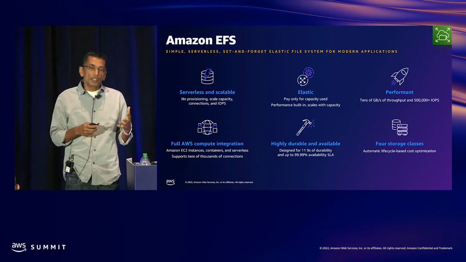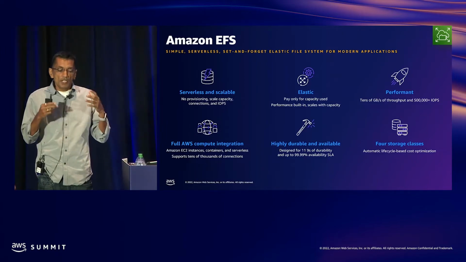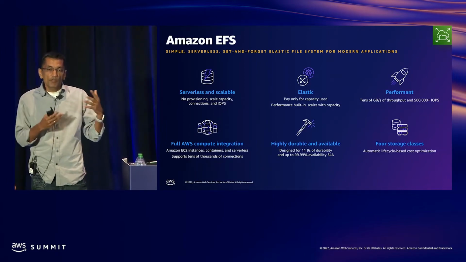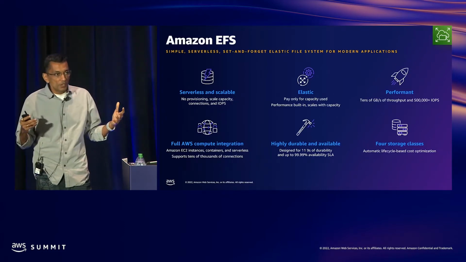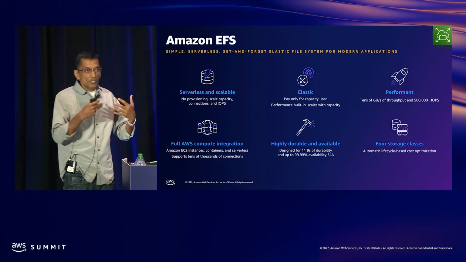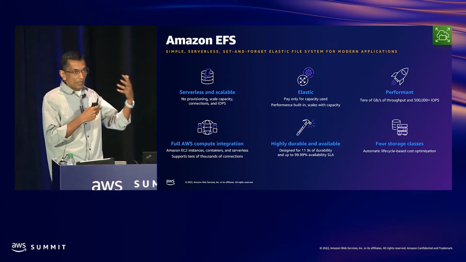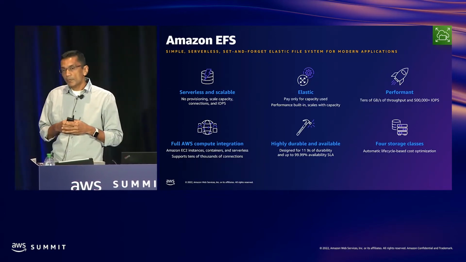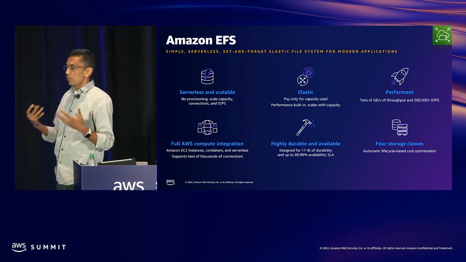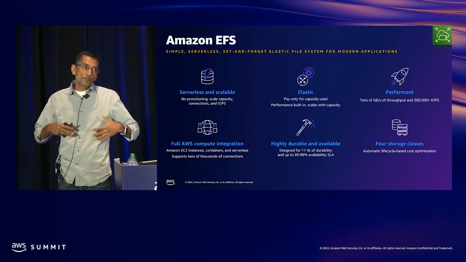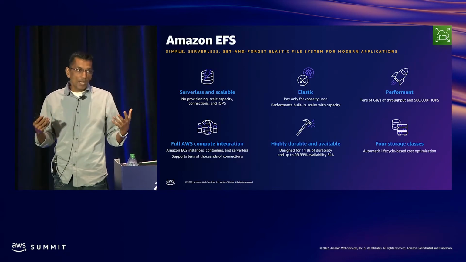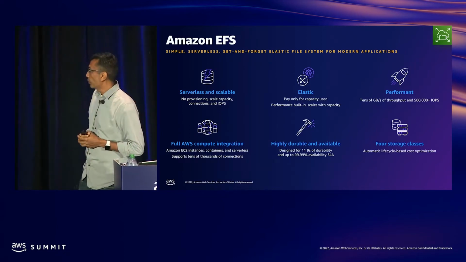In case of standard class, it can provide you resiliency for a failure of AZ. So let's say you're running your container workloads in 2 different AZs, and you have a shared storage that is available to you, and one of the AZs is affected, then your services can keep running on the other AZ. So it provides you from an availability perspective, you can design your applications through that mode.